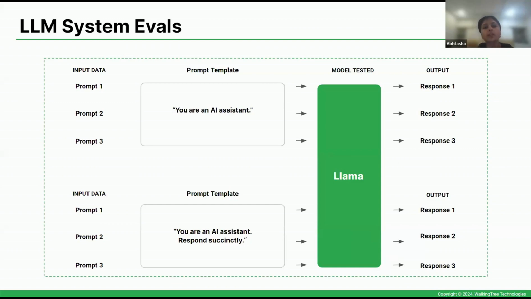That is one way you can evaluate your model: by trying out different prompts, measuring the output performance, or having some scoring mechanism, then comparing the responses and finally benchmarking that a specific prompt is giving better results than the other. So that would be your system eval, when you get into evaluating your system performance after you have decided your model.